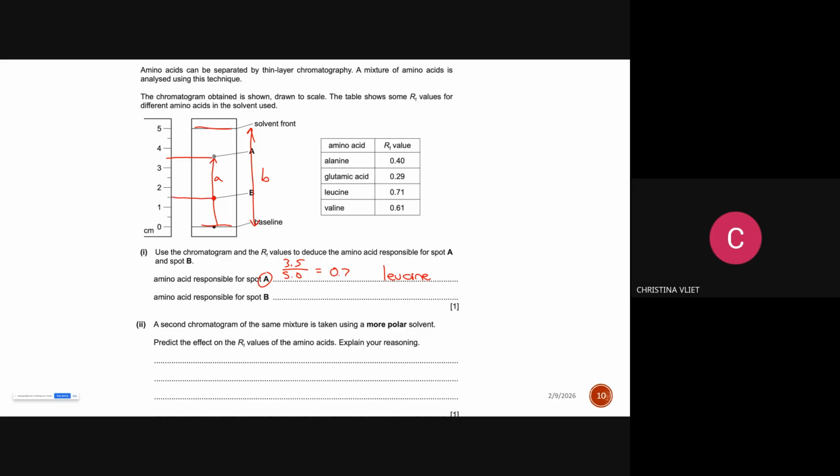So its distance traveled is about 1.5. The total distance traveled is still the same because it's to the solvent front. That's the total distance traveled, how far it goes up your paper or your silica. So 5.0. And so this would be 0.3. Which of these amino acids would it be?